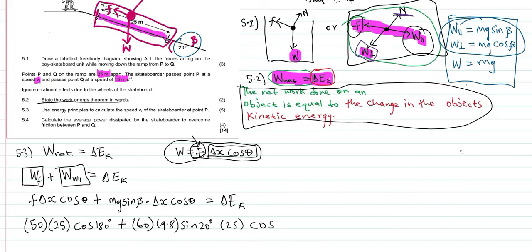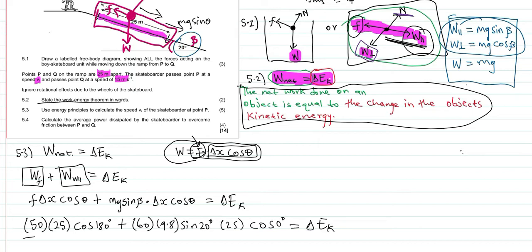Now you can see that this boy is moving down the slope, and mg sine theta is a force that is pointing down the slope. You can also see it here. They are pointing in the same direction, hence the angle between them is cos 0.